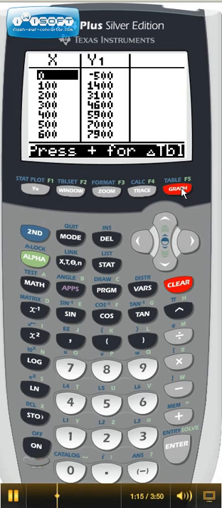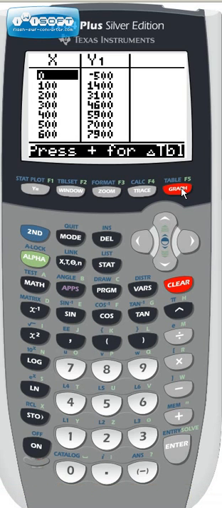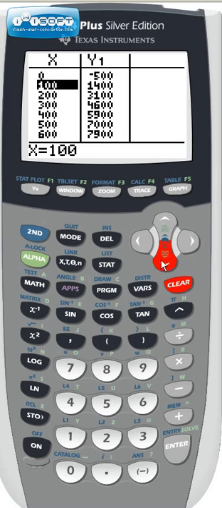When I look at the table, I see that when is my output equal to 1,400? When x equals 100 products, my daily profit is $1,400. And if I scroll down, I see that my output is changing. It's getting larger, and then it starts to decrease again.